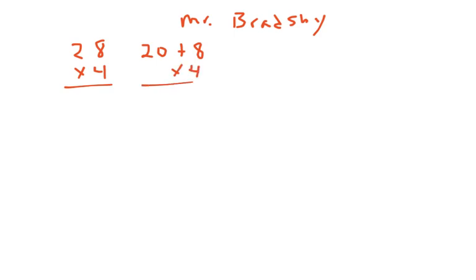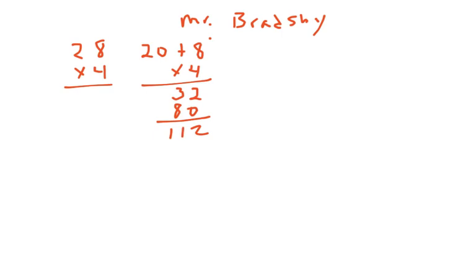You get 4 times 8 is 32, one of the products. And then 4 times 20, and again it's a 10, so put a 0 there, 80. 4 times 2 is 8. And then we added those up and got 112.